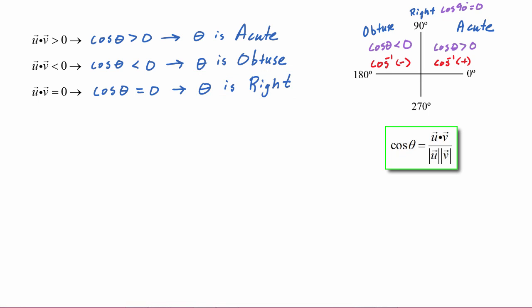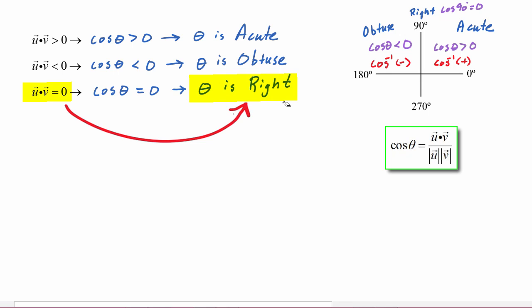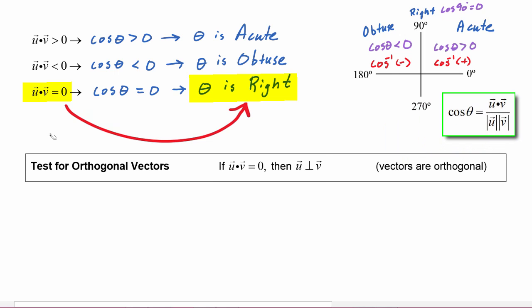So now we can take this fact that when the dot product is 0, theta has to be right, and use that as a test for orthogonal vectors. If vector u dotted with vector v is equal to 0, then vector u is orthogonal to vector v.